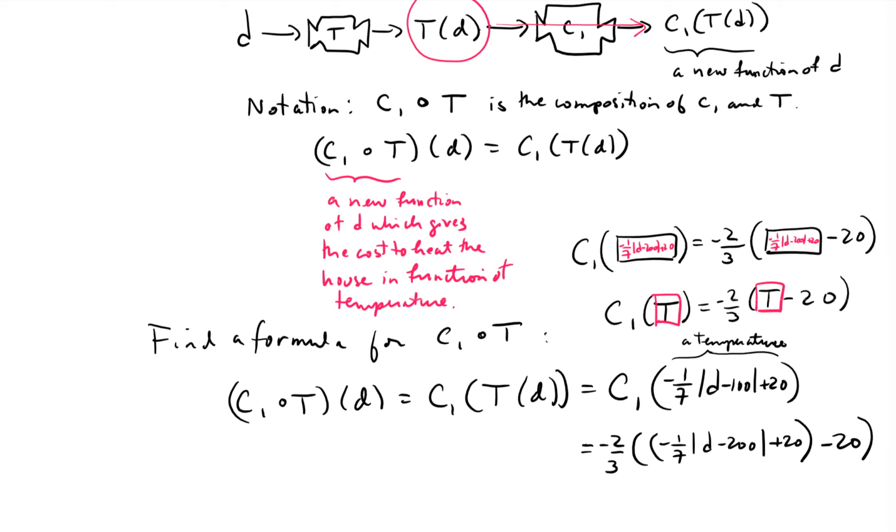I could just expand this, distribute the 2/3, and after removing the brackets, I'll have 20 minus 20, and that's going to cancel out and just give me 0.